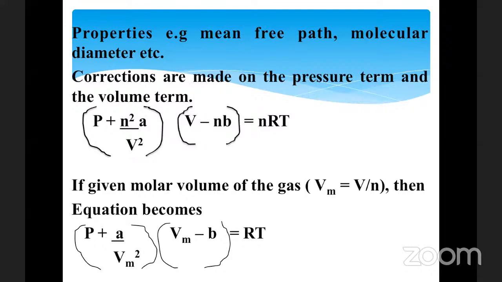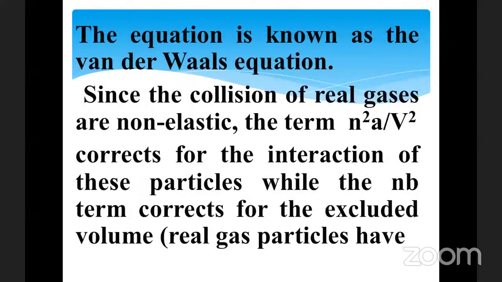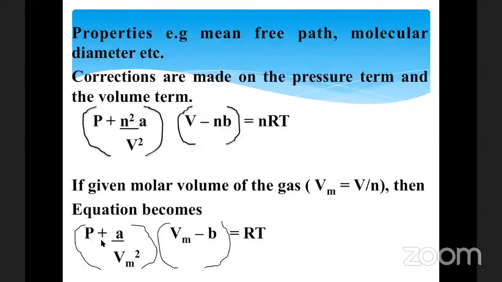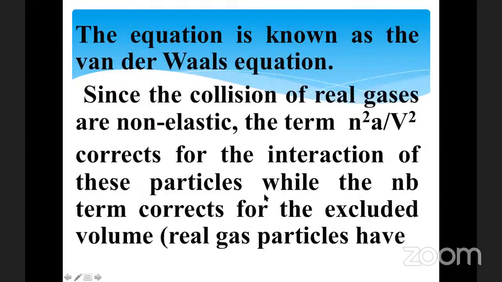So (P plus a over Vm squared) times (Vm minus b) is equal to RT. This is what is known as the van der Waals equation.